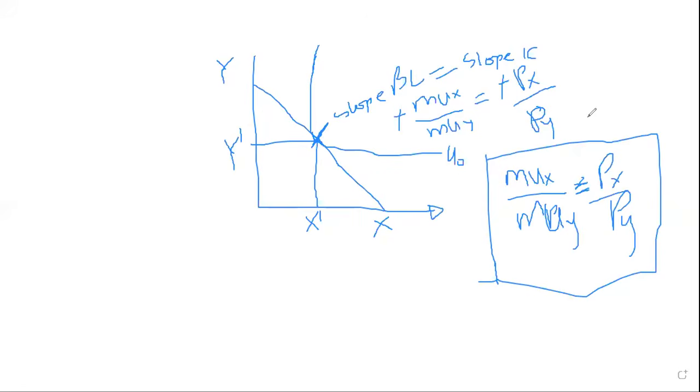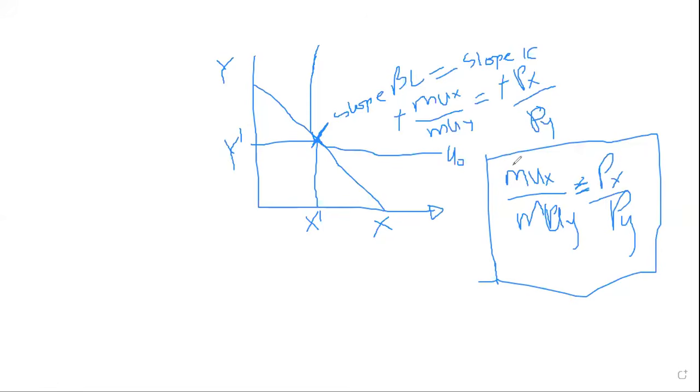Okay. So before we come to the mathematics next week, let's look at two other concepts regarding this equilibrium. These are the price consumption curve and the income consumption curve. But please take note of this equilibrium point.